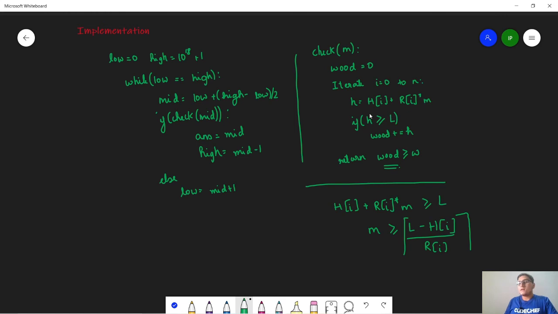So instead of checking this condition, we will check whether m is greater than or equal to (L minus h[i]) upon r[i] or not.